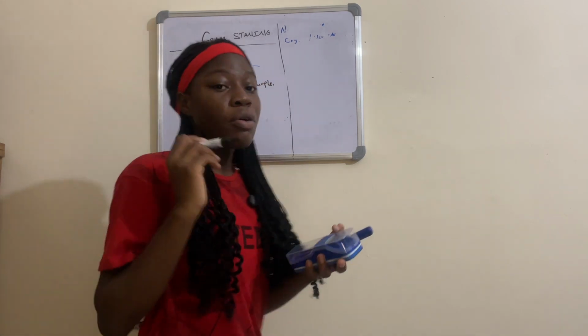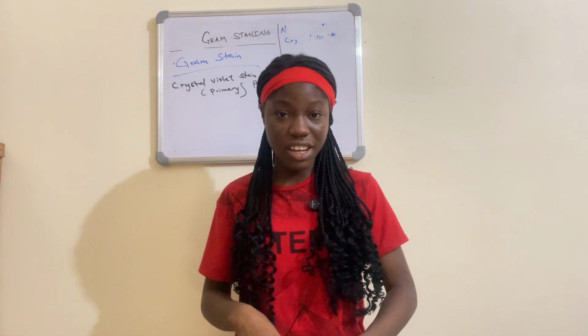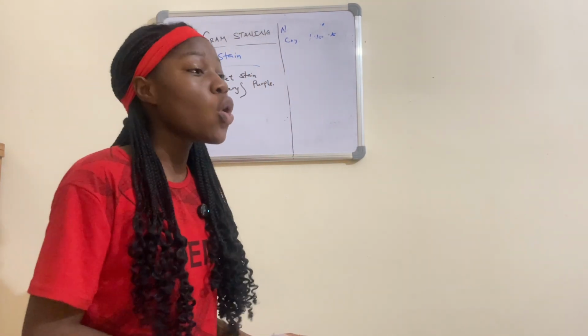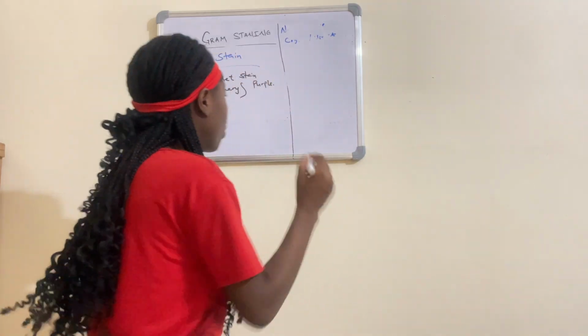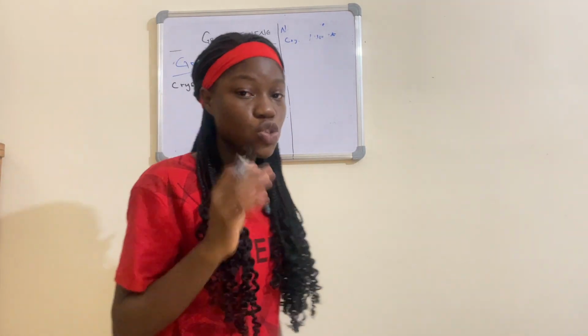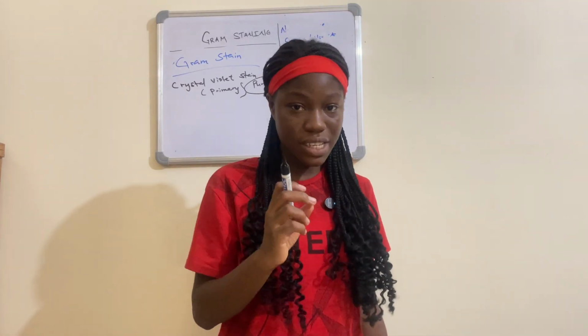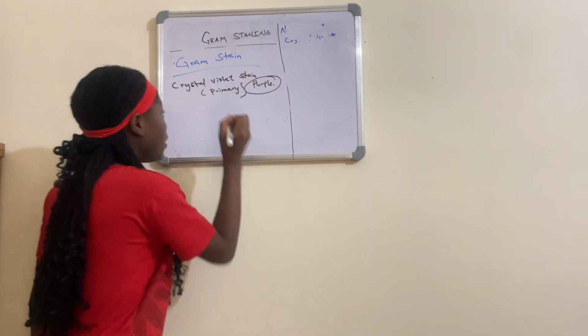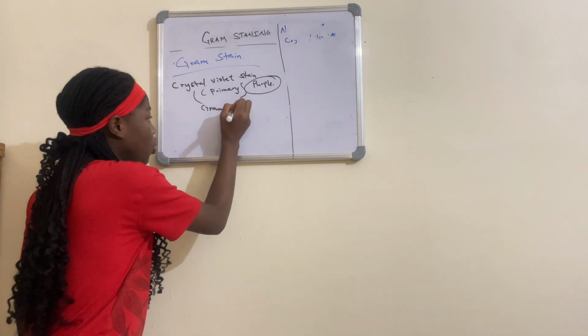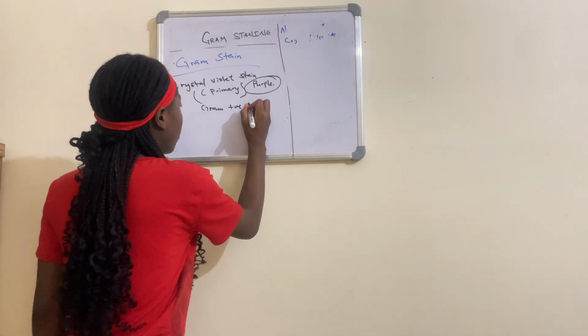Now, when this crystal violet stain is added to the slide where you have placed the material, it stains the whole slide purple. So all of the material on that slide has a purple color. The crystal violet stain goes and stains the gram-positive material and gives it a purple color.